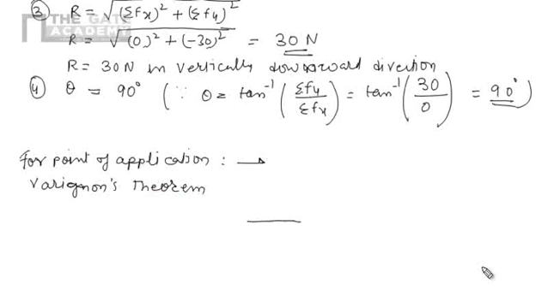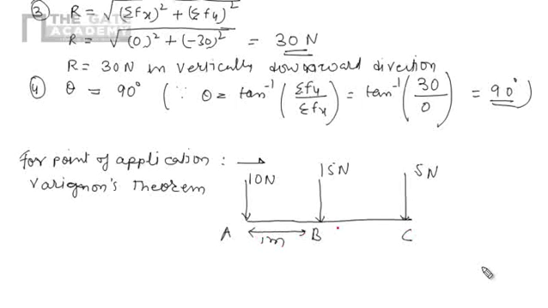So let's again draw the system: 10 Newton, 15 Newton, 5 Newton, say A, B, and C. And let's put our resultant force, which is acting vertically downward, here.